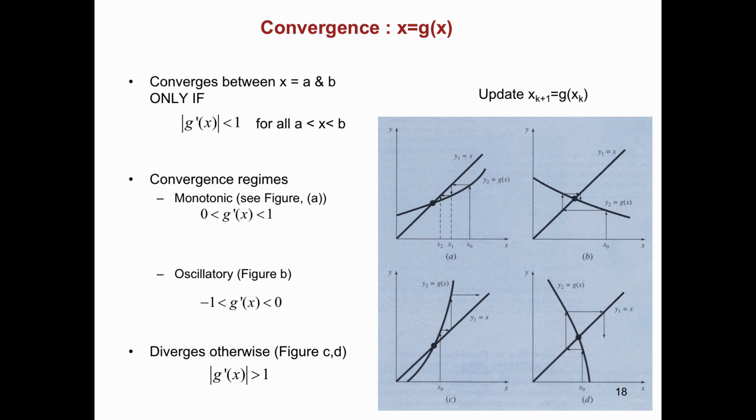Here is why. Let's say that I'm starting from x0, okay? My next iteration is g of x0, my x1 is g of x0, right? And let's say that this is my function g, so it's right here, okay? This is its value.